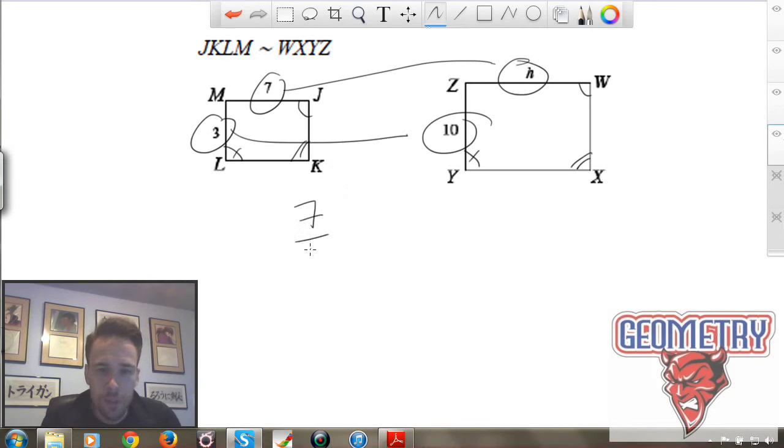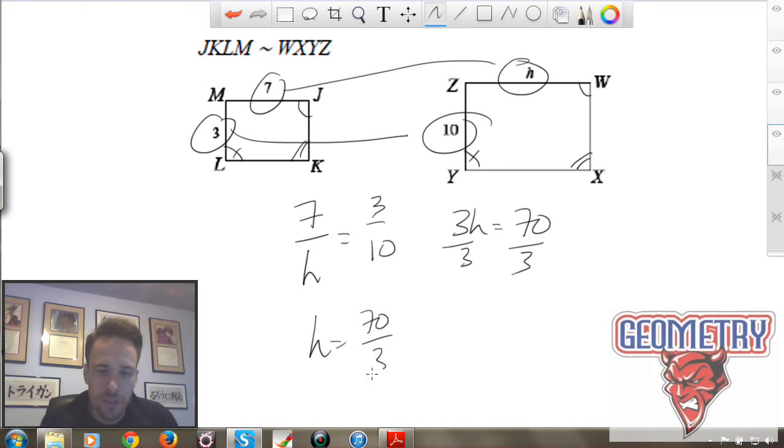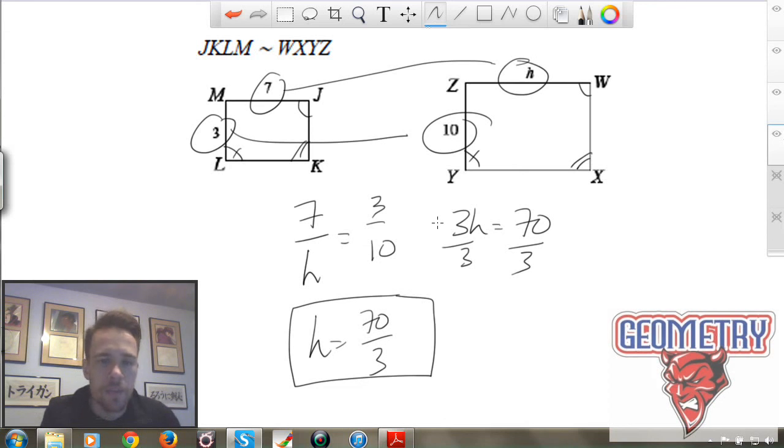So let's set up that proportion. 7 is to H, as 3 is to 10. 3H equals 70. Dividing both sides by 3, we get H to equal 70 thirds, which does not reduce at all, so we'll just leave it like that.